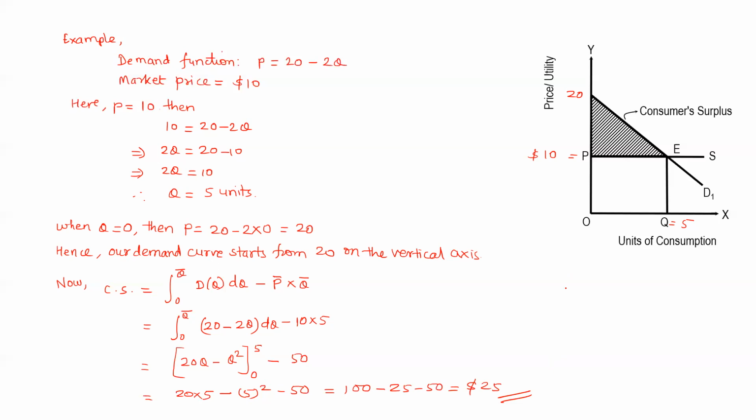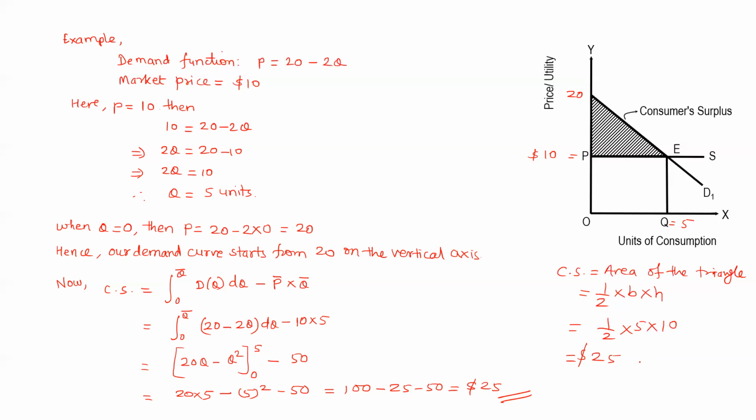And this consumer surplus can simply be calculated as the area of the triangle, which you can see in the diagram. The area of the triangle is 1 upon 2 multiplied by base into height, which is 1 upon 2 into base 5 and height 20 minus 10, that is simply 10, which equals $25.